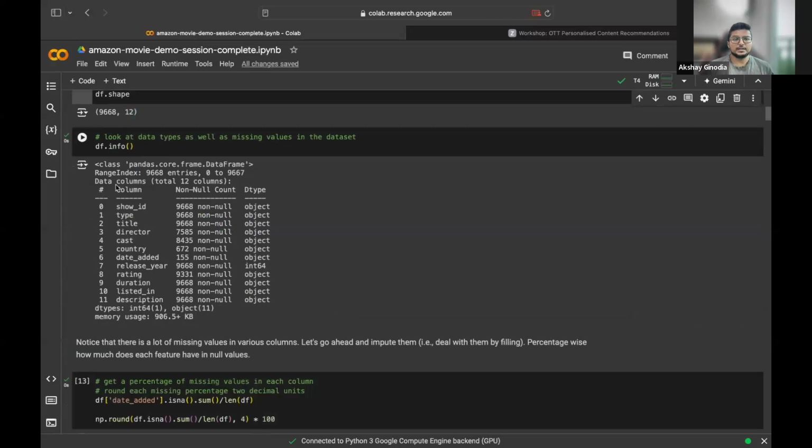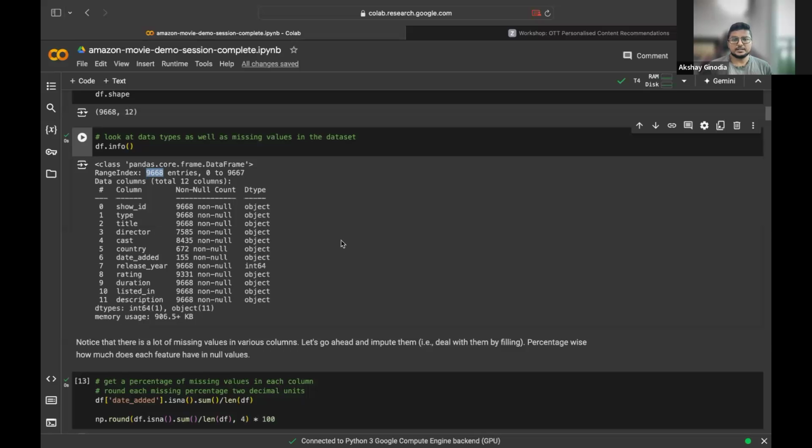But if we want to look at some more details, we still see this many entries, which are TV shows and movies. And for the columns, now I have some visibility into whether they have missing values and what kind of data type each has. The data type will tell you whether it's an integer, which is a number, or a float value, which is a number with a decimal place.